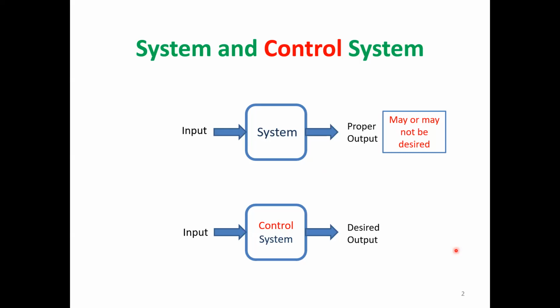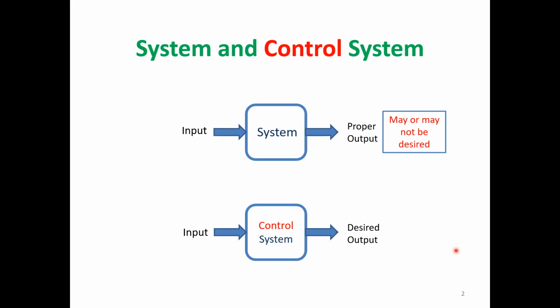Let's say you went to DIU and you pressed the button for 7. When you entered the lift and pressed button 7, the lift will go to the 7th floor, the library. That means you can control the lift to get the desired output. That is the difference between the system and the control system.